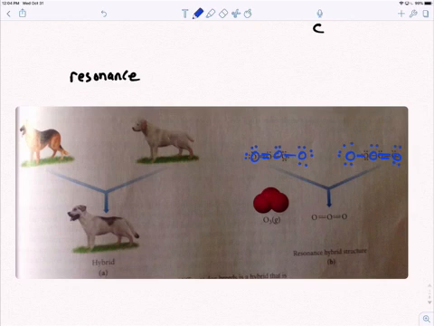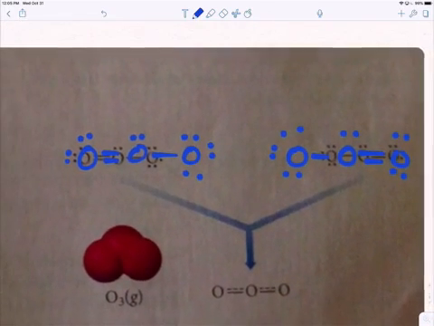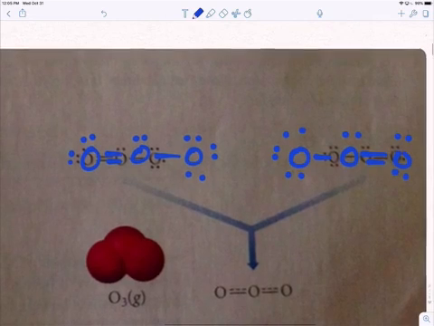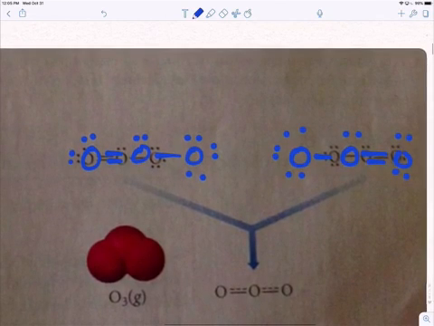The next thing, a concept of resonance. Sometimes there's more than one kind of Lewis structure that can be formed. Lewis thought of it like a music term, resonance. So for instance, ozone can be written like this. Maybe I'll zoom in so you can see this a little better. Ozone can be written with a double bond on the left or a double bond on the right.